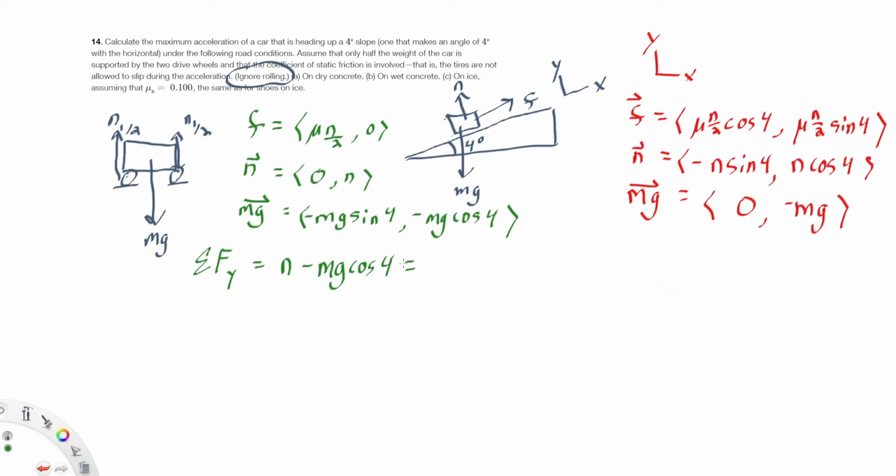And what should the sum of forces in the y direction be? 0. Should be 0, yeah. Because we do not expect to sink into the ramp nor to fly off the ramp.